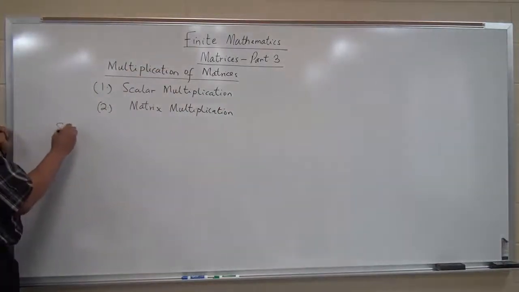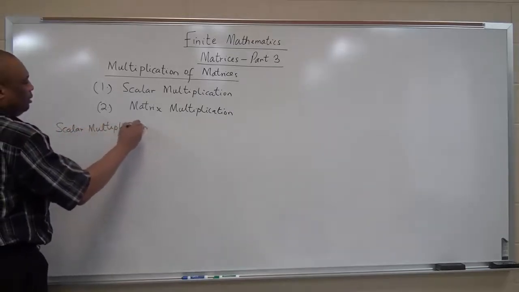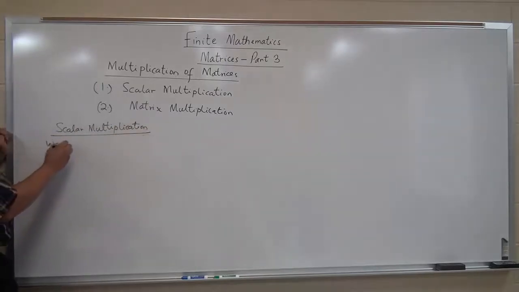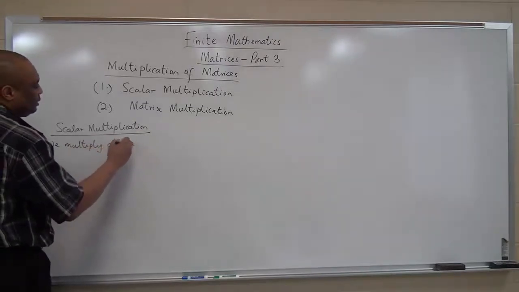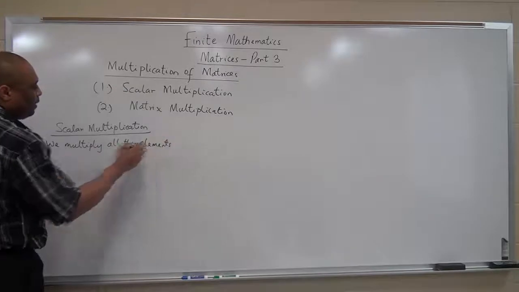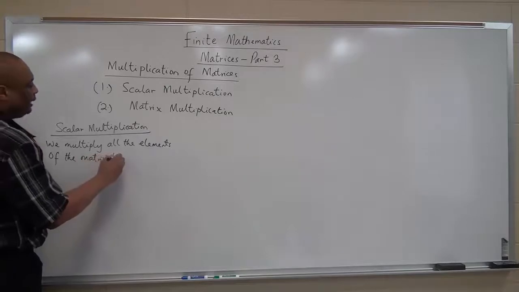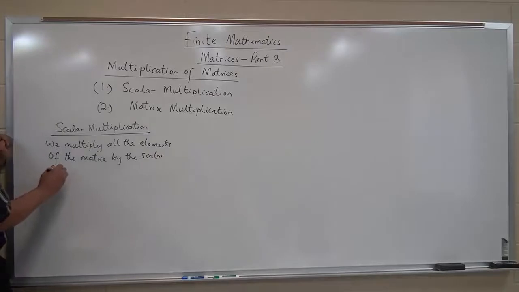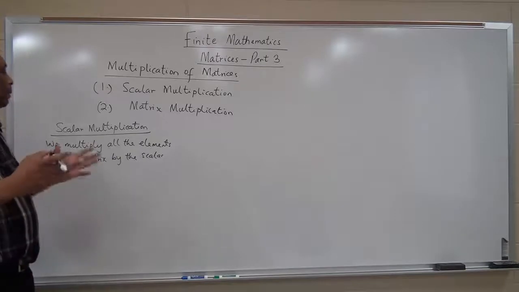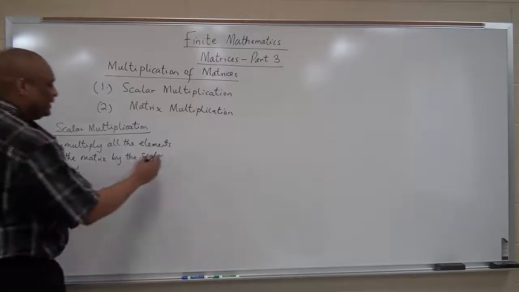With scalar multiplication, we multiply all the elements of the matrix by the scalar. Of course, you know what a scalar quantity is: a quantity that has magnitude but no direction. We did that in physics.